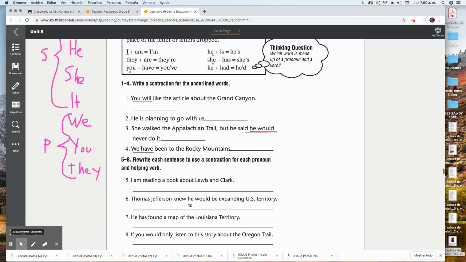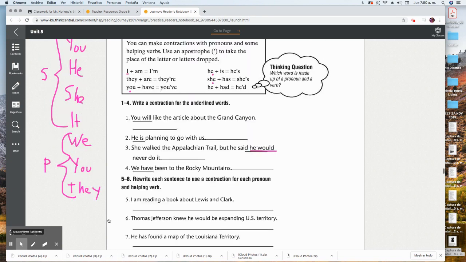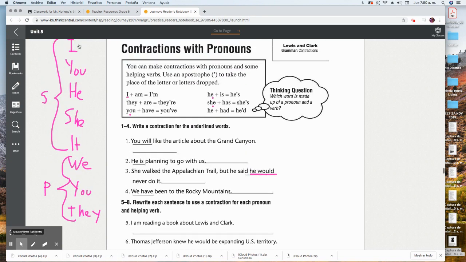Let's look at number 5. What word from this list right here do you see on number 5? I am reading a book about Lewis and Clark. Oh, I. So the pronoun is I. I'm going to underline I, and I am also underlining the helping verb, which is next to the pronoun.